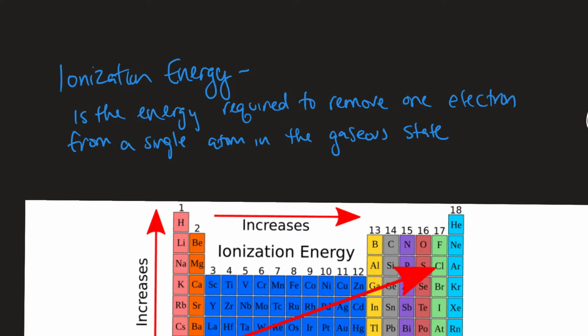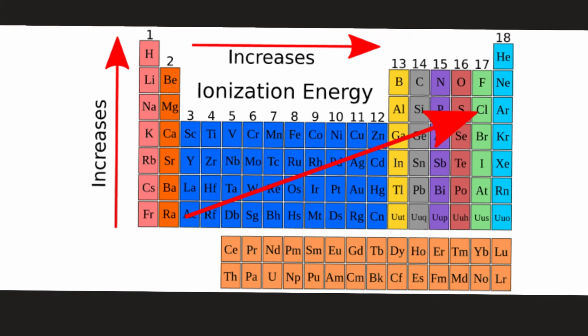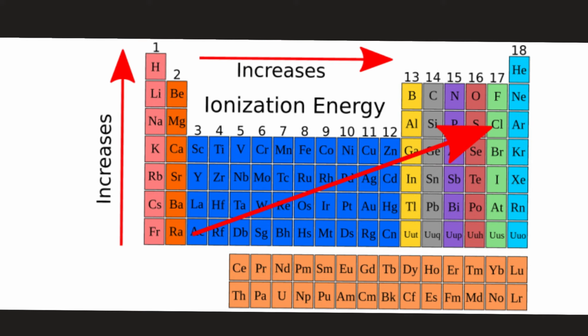If you look at the periodic table, believe it or not, amongst all the other categories and patterns that we've already discovered, there's even more. When it comes to ionization energy, as you move up the periodic table, you see that ionization energy increases. So if you compare cesium versus sodium, sodium will have a higher ionization energy than cesium.